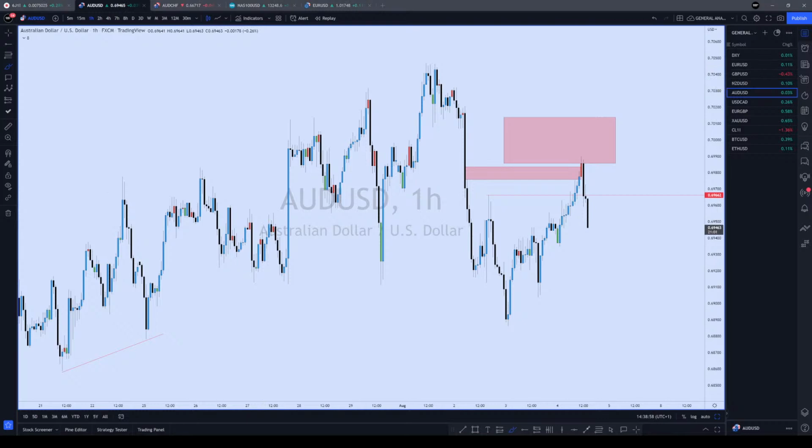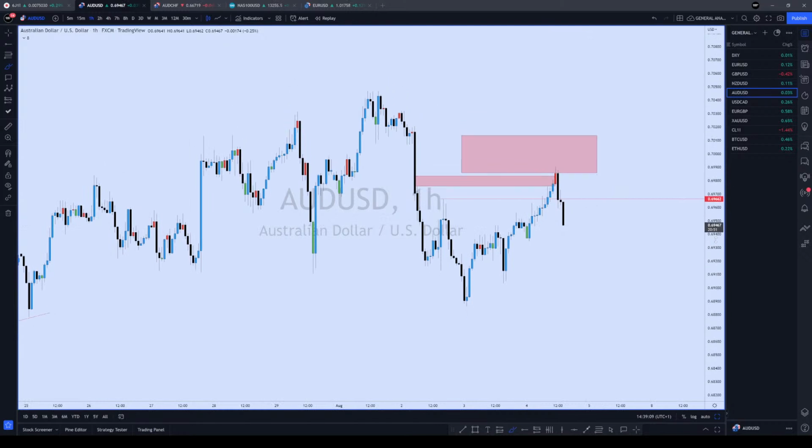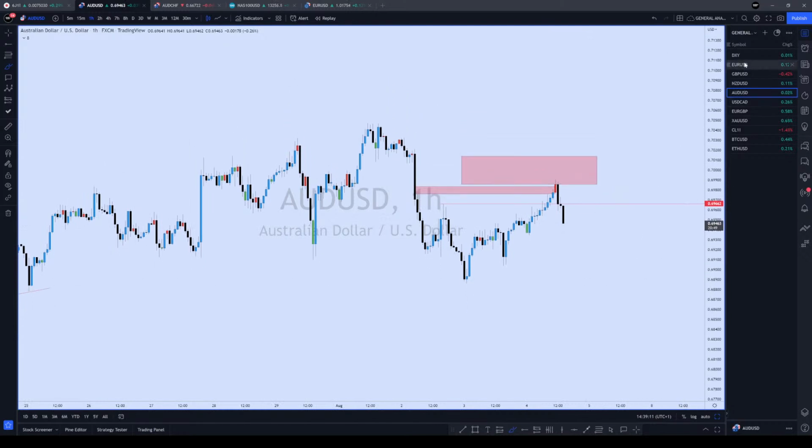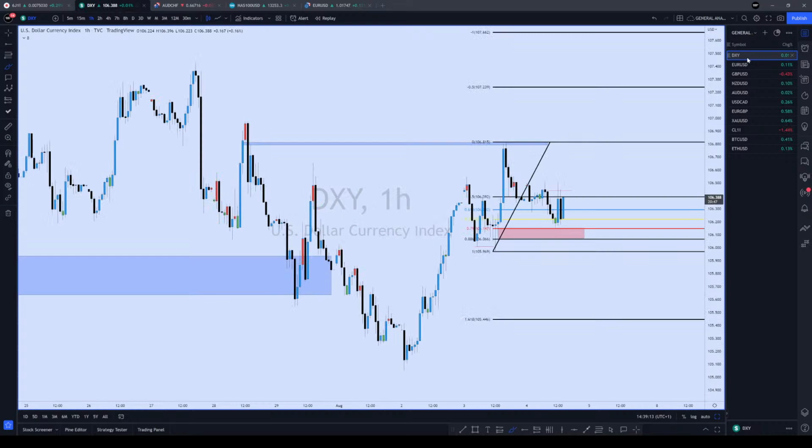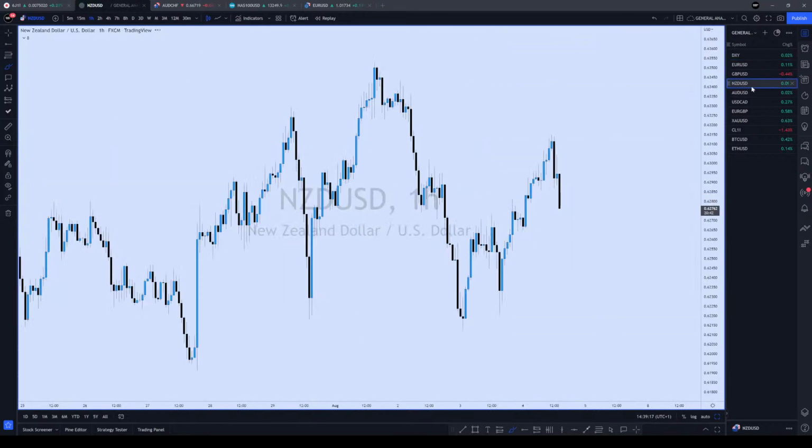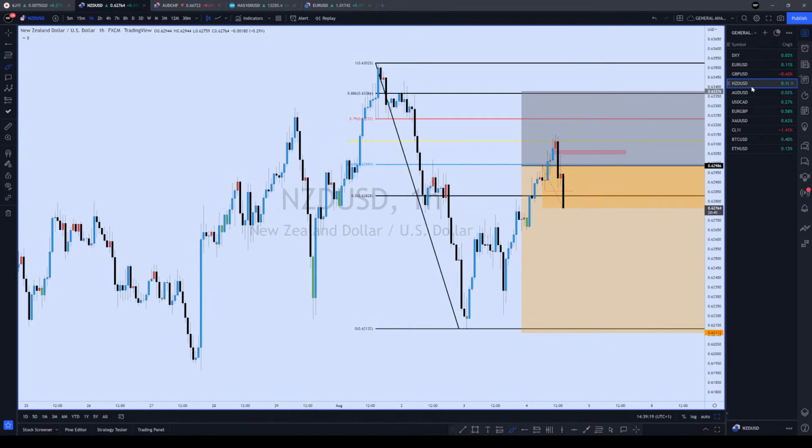Perfect. Magnificent. I'm beginning to see, not that it's new, lots of trades playing out more in the New York session than in London.